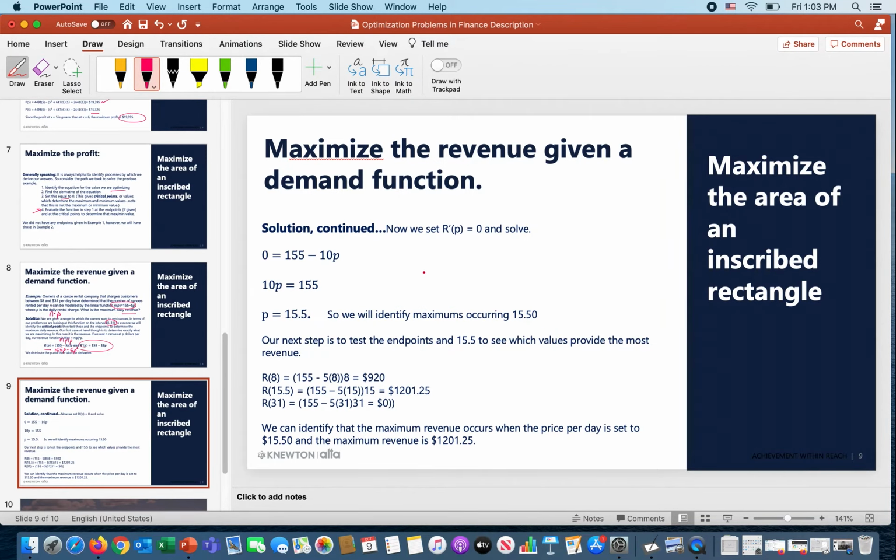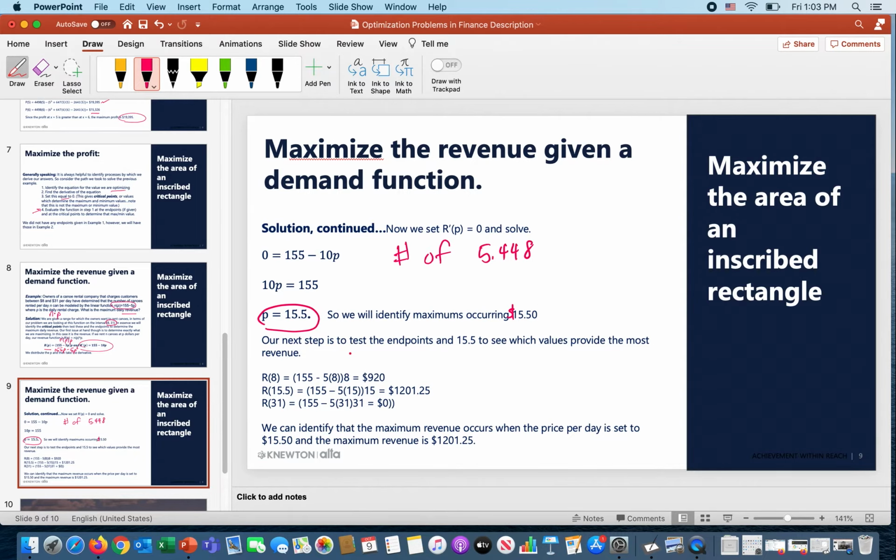Let's talk about how to figure out what's going to make this equal to 0. It looks like P is 15.5. Now this is different than the number of canoes, right? The number of canoes turned out to be 5.448, but I can't have 5.448 canoes, right? In this case, P is how much I charge, and I can charge $15.50. So I don't have to look at 15 and 16 in this case.